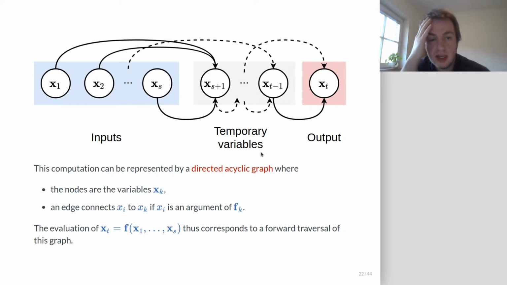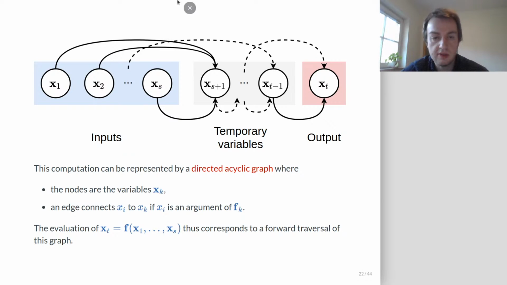So in a sense, what we have is the following setup, right? Where we have input variables x1 to xs. We compute one by one some temporary variables, and each of them depends on a subset of the previous ones, until finally we produce a final and special variable, which we call the output, and which is denoted as xt. So when you view it like this, what we've just done is to represent the computation as a directed acyclic graph, right?